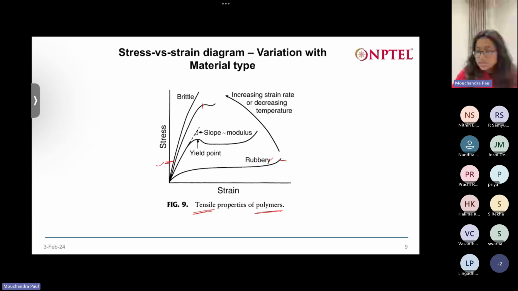So what I'm trying to say is, the nature of the material you are working with will give a different kind of stress and strain diagram. Whatever bonds between the atoms are dominant in that particular material will govern how they behave in the presence of an external force.